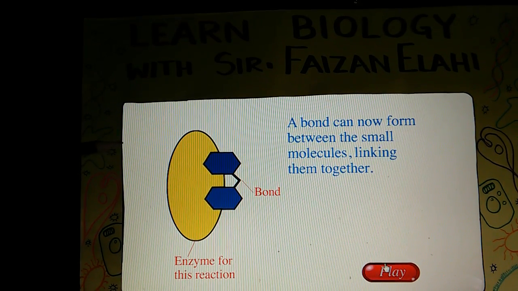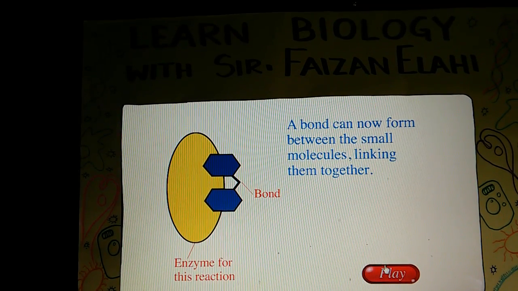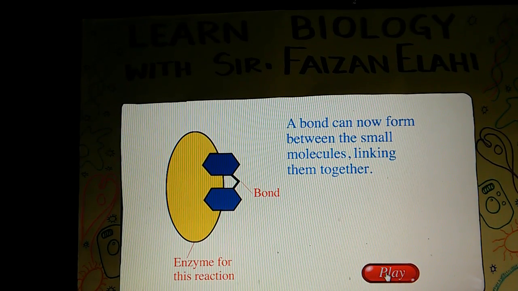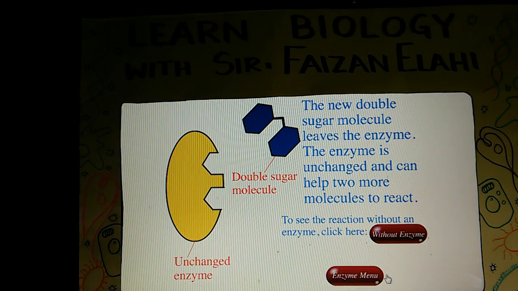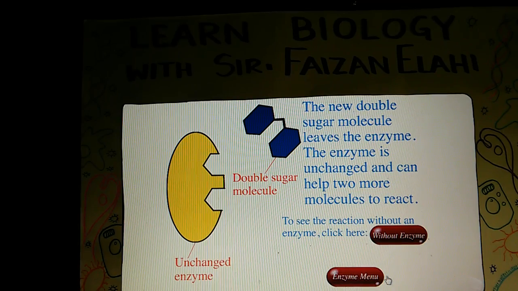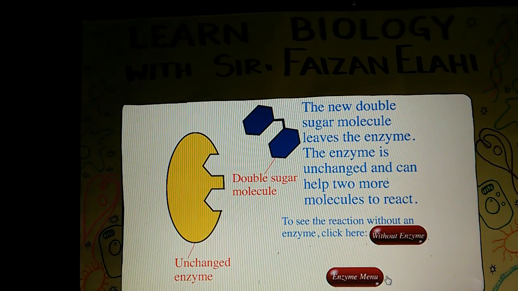This is known as anabolic reactions, which normally take place inside your cytoplasm. The new double sugar molecule leaves, the enzyme is unchanged and can help two more molecules to react.